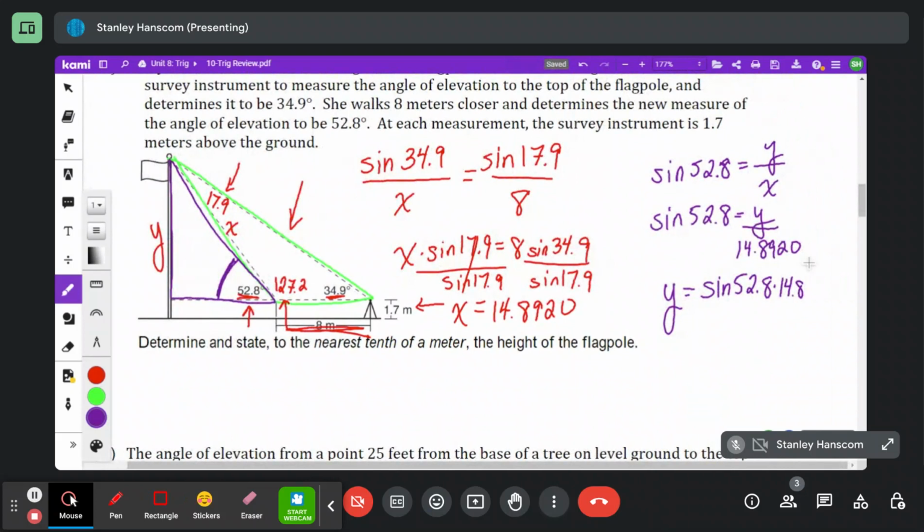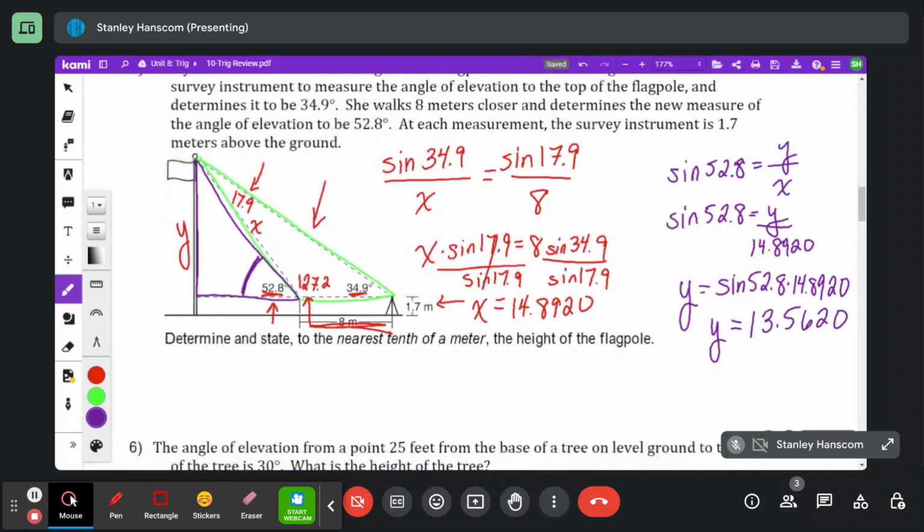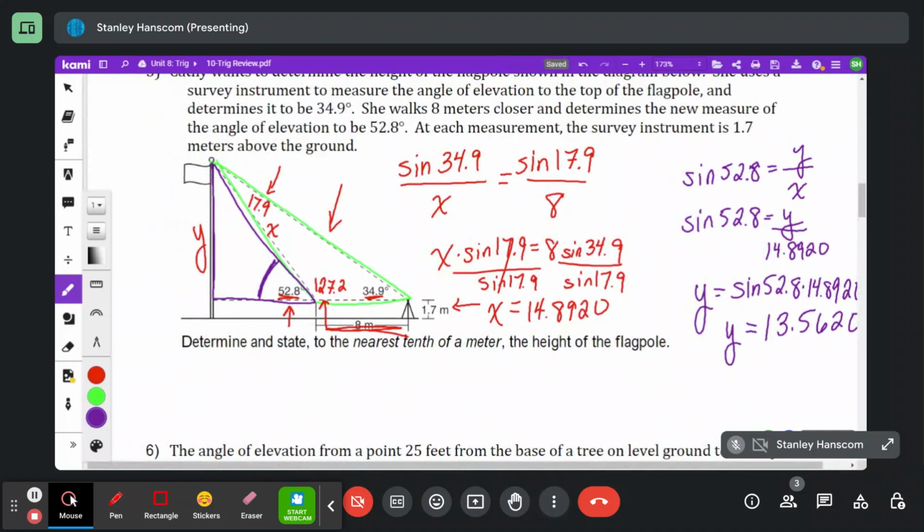Sorry, it's not erasing. There we go. And so y in this case is approximately 13.5620. So now we are able to find the height of the flagpole. The height of the flagpole is that value y plus that extra 1.7 meter height that the instrument we were using has.